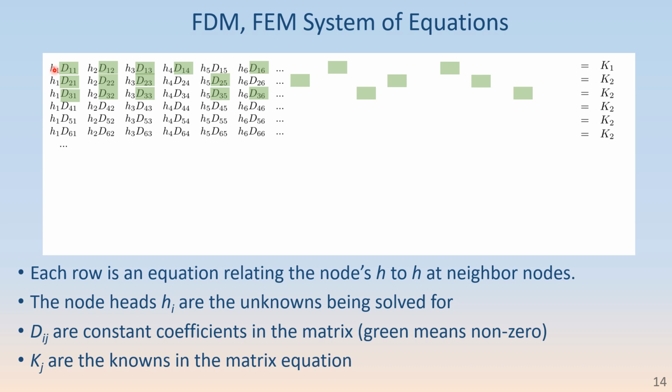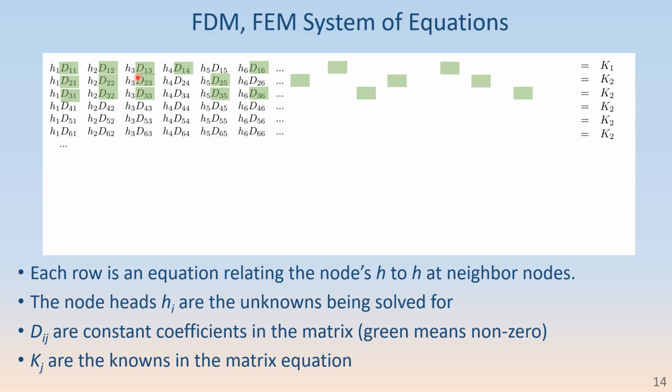Here we're thinking about a rectangular grid, which each node would have 6 neighbor nodes. So in the long equations, they're mostly 0 coefficients, except for the neighbor nodes and the node itself. So these green boxes represent non-zero coefficients.